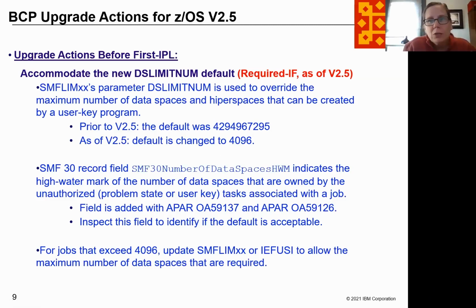If you would like to know the high water mark on your system for what you're using, you can look in SMF record 30 and see the number of data spaces high watermark. That will indicate to you whether you're exceeding 4,096 today, or if that 4,096 default is going to be adequate for you. So take a look at that if you'd like. You can change this value if you would like, of course. Okay.